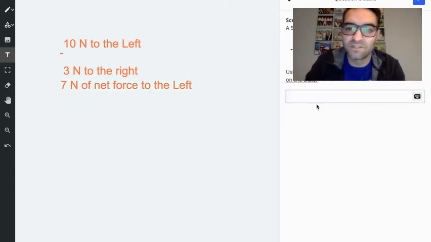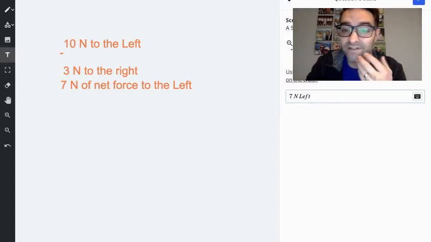So when you go into your answer box, this would be 7 newtons left. That is an example of our net force. A little sneak peek: if the forces are the same, then you'd have 0 net force. That's important to recognize.